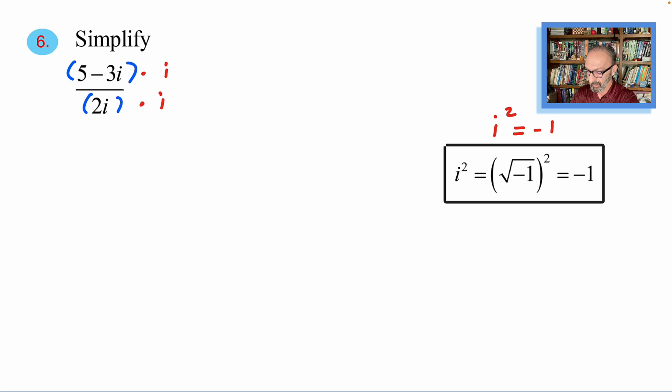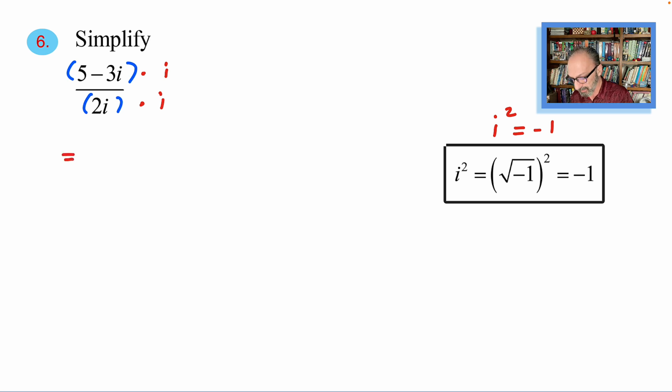Now, on the bottom side, it's going to end up 2 times I times I, which is 2 times I squared. And let's move on down here.